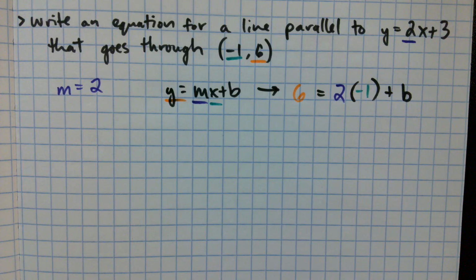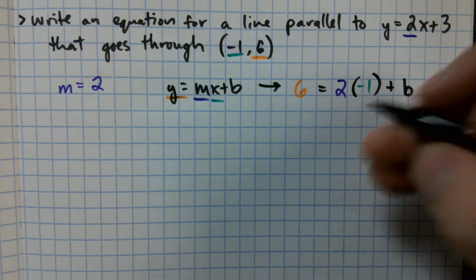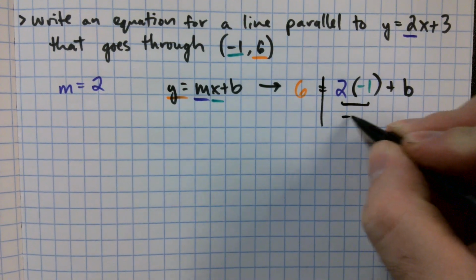It's just like our solving for b lesson, because that's what we're doing. We're solving for b. What is 2 times -1? -2.